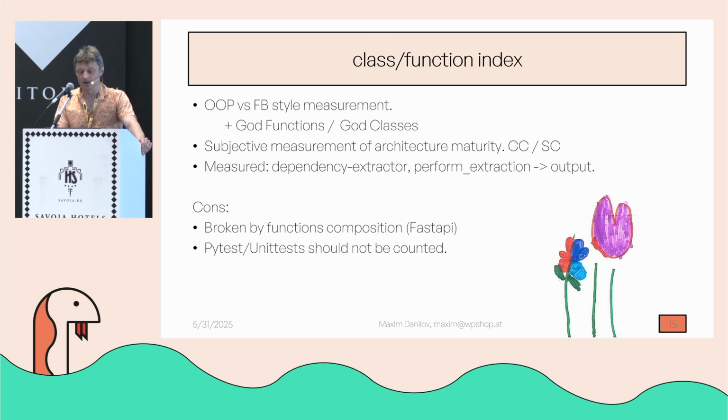Which problems do we have with these metrics? If your framework or code uses full function compositions like FastAPI, this is a strange style, but it increases complexity. If you use, for example, a functional-based coding style, complexity grows if you use function compositions.